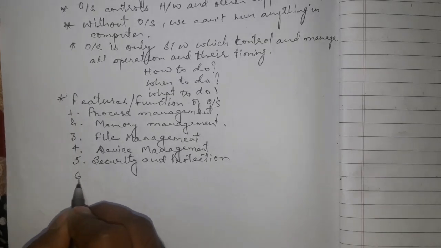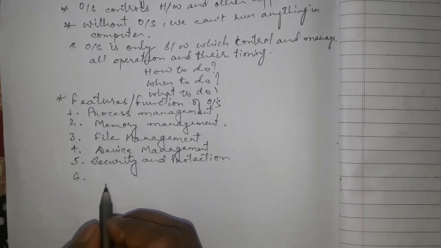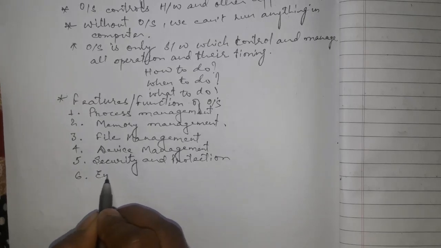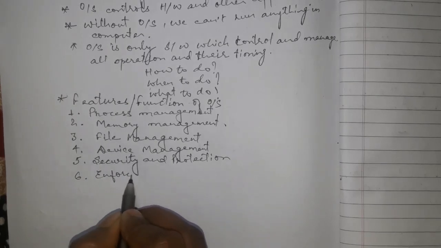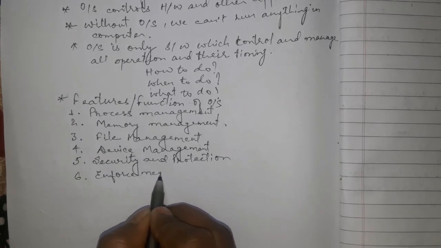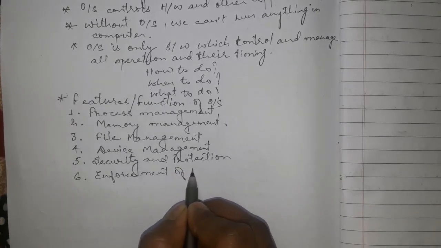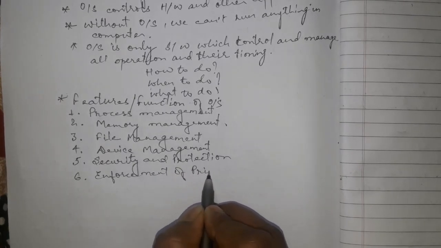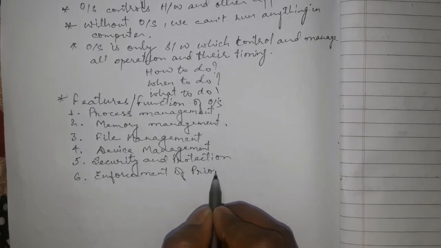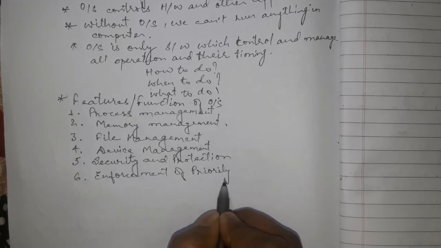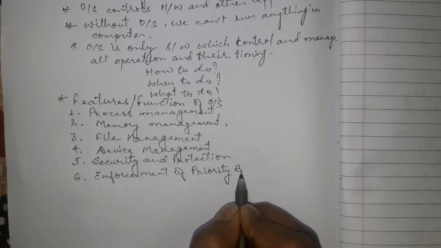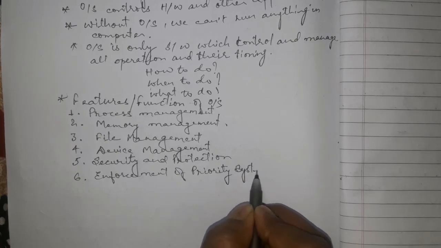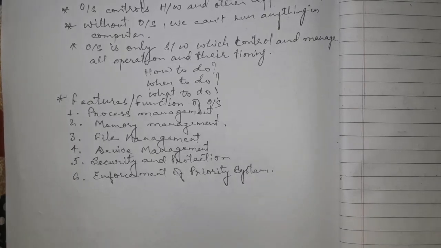Now the sixth one is enforcement of priority system. Priority, the word you know, means that in many cases we give priority.